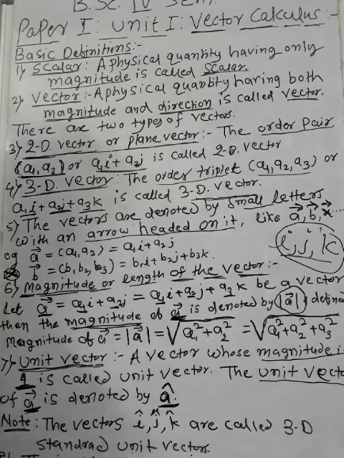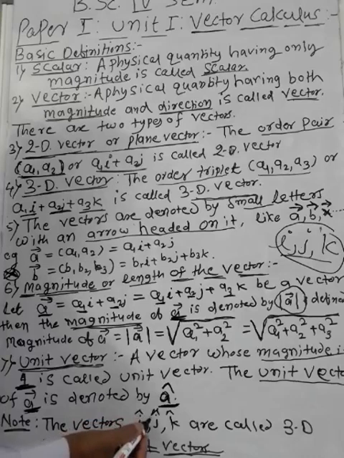And as I said already, i, j, k are called the standard unit vectors in three-dimensional geometry. i is a unit vector along the x-axis, meaning i gives the direction along the x-axis. j is a unit vector along the y-axis, and k is a unit vector along the z-axis.